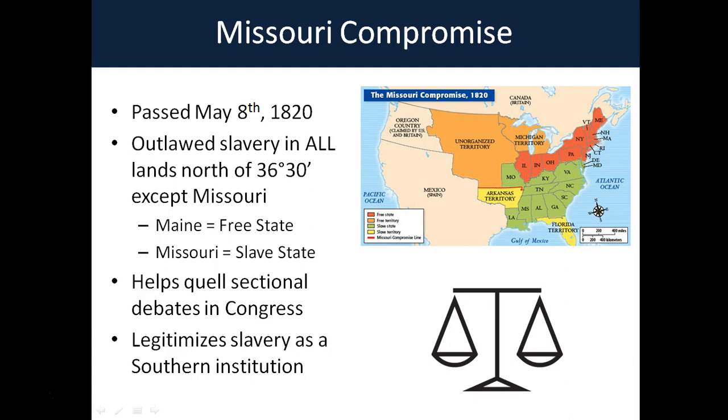Now, the advantage of the Missouri Compromise is it did help quell a lot of the sectional debates in Congress and the sectional debates that divided our nation. But it made sure to legitimize slavery as a pure Southern institution, being that nothing above the line of 36°30′ could be slave. So that was a step. Even though it did have its benefits initially, it was a step in the direction of division later on, especially in the events that we're going to talk about coming up.